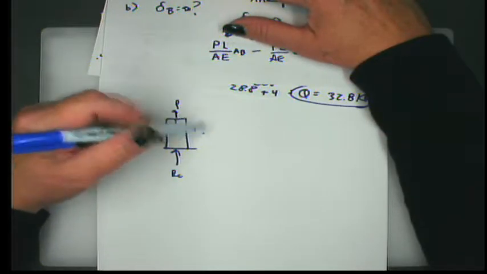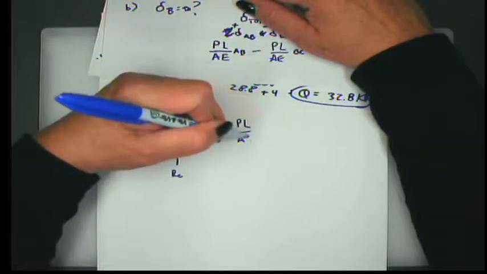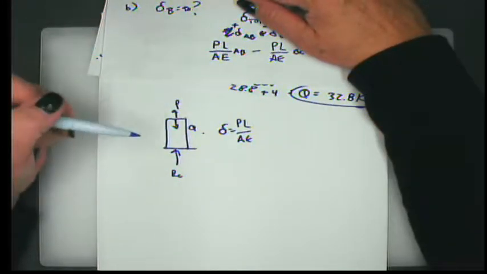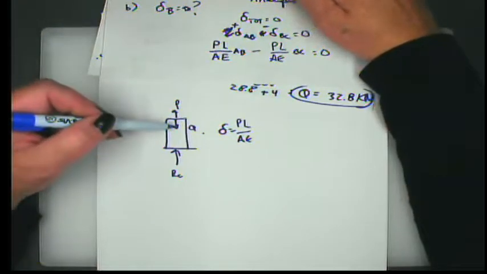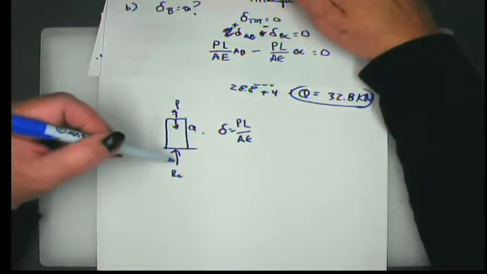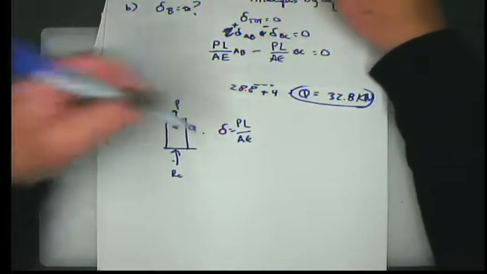But if we do del is equal to PL over AE, the P that we're going to be experiencing is either 32.8 minus 4 or the R sub C, which would come out to be 28.8.